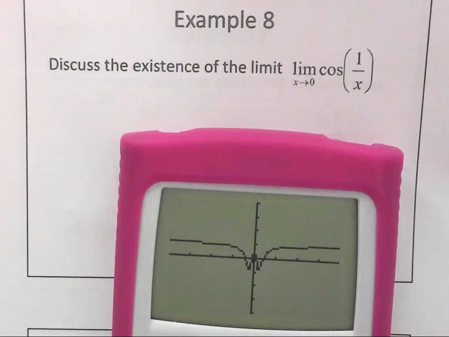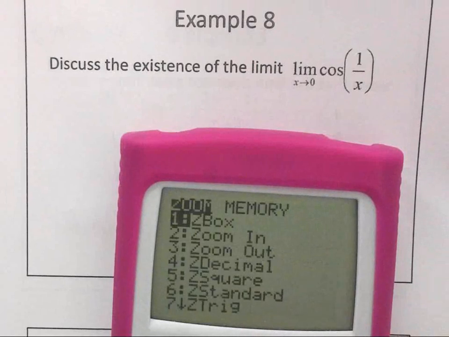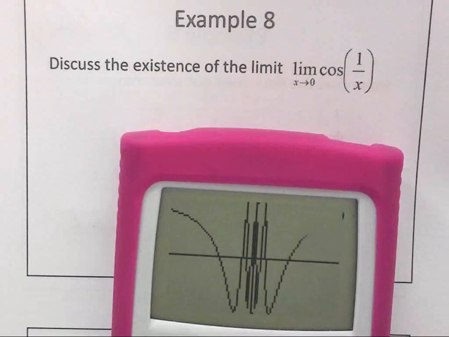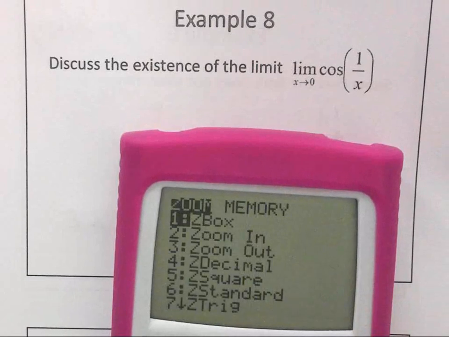So, does it look like it's approaching a certain value? Well, maybe, but it's a little bit above 0. It's hard to tell, so I'm going to zoom in. That's kind of weird, so I'm going to zoom in again.